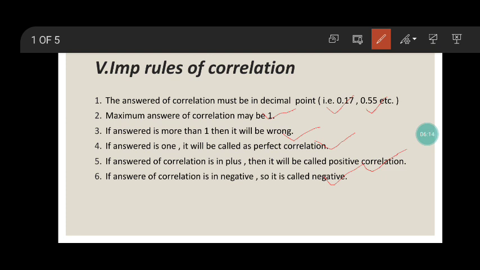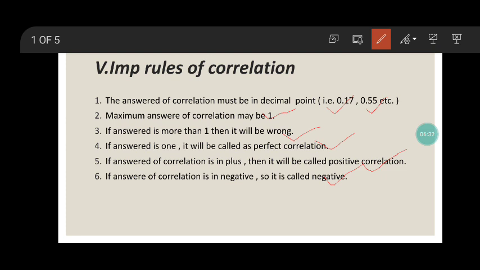So I have told you, you would say that there is perfect negative correlation. So this way, if your answer for the coefficient of correlation is coming in negative numbers, you would say that there is negative correlation between the two variables.